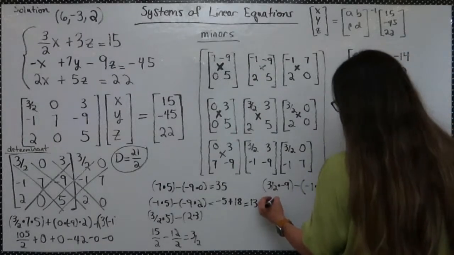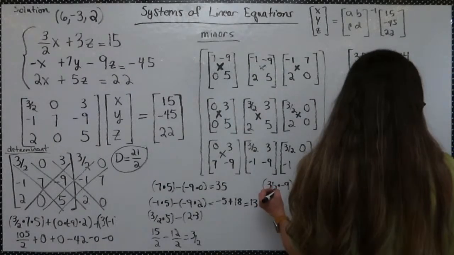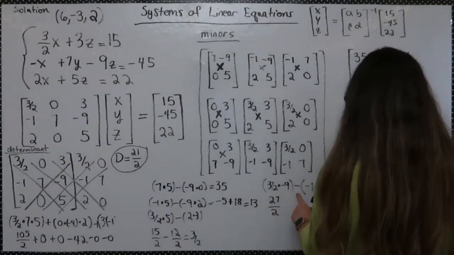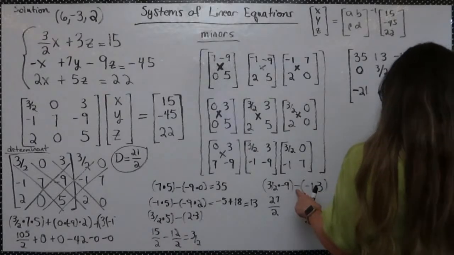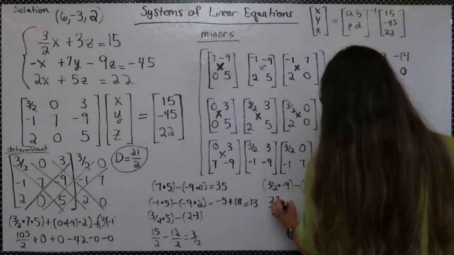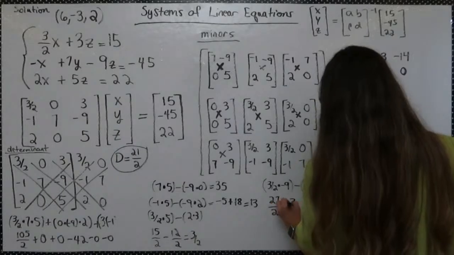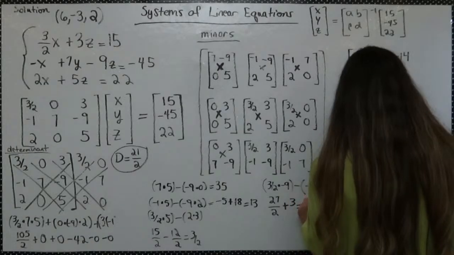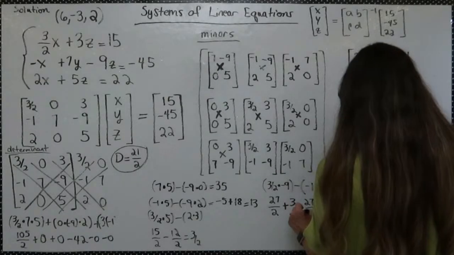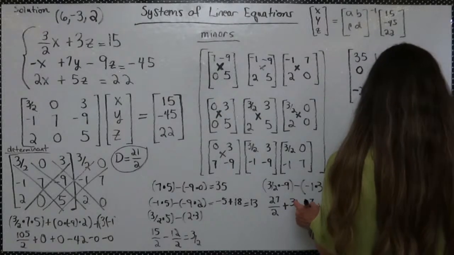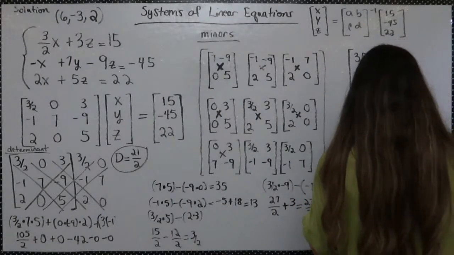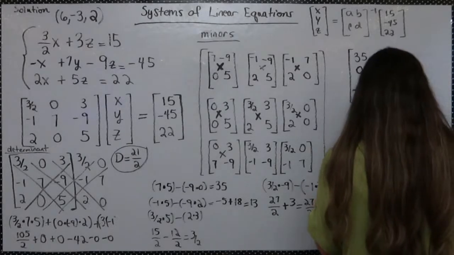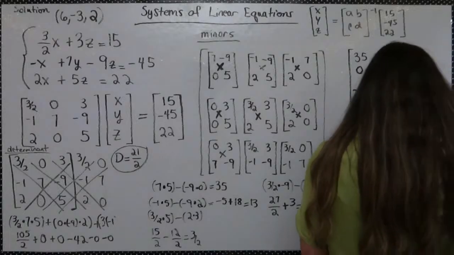So 9 times 3 is 27, 27 halves. And then 1 times 3 is 3. Negative times a negative makes it positive, so it's a positive 3. So that is going to equal 27 halves plus, let's see, 3 times 2 is 6 halves. So 27 plus 6, looking like 33 halves.